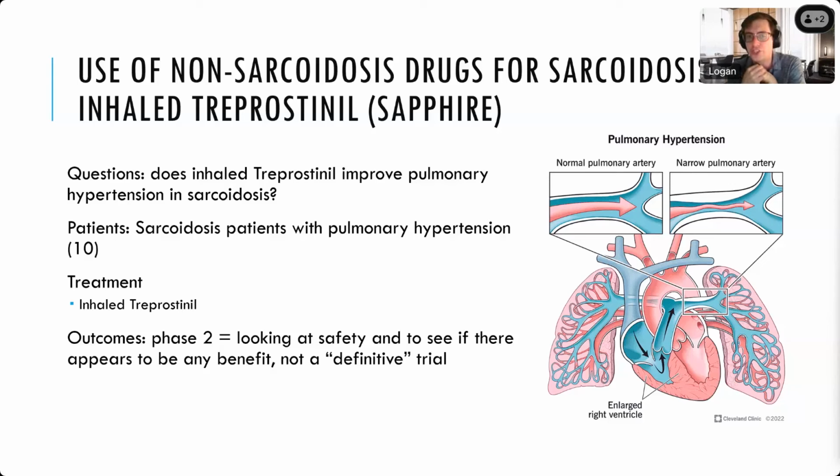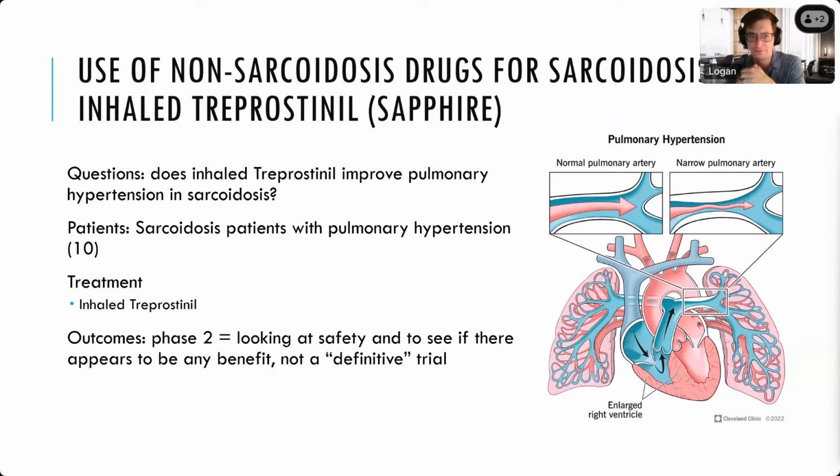There are actually a lot of complications in opening up those vessels, and in some people this can be very helpful, and in other patients it can actually make their oxygen levels worse. So this is something we have to be very careful about.